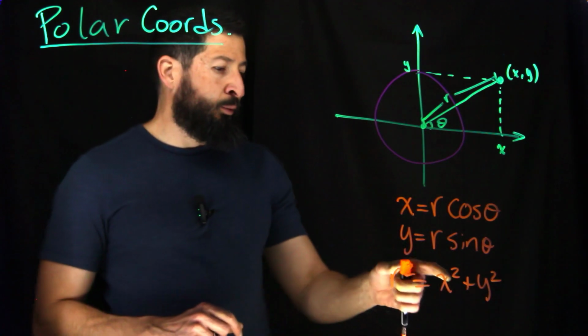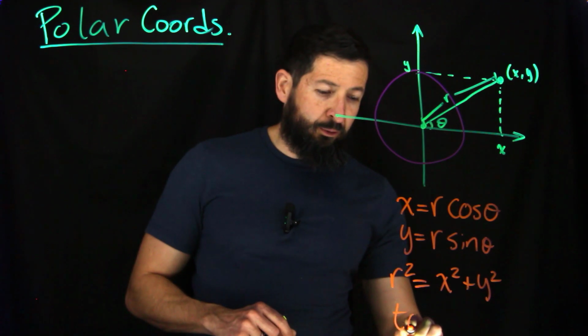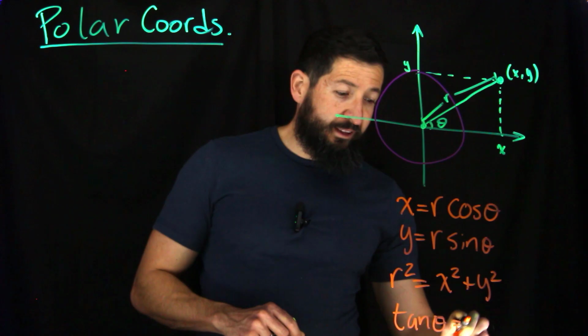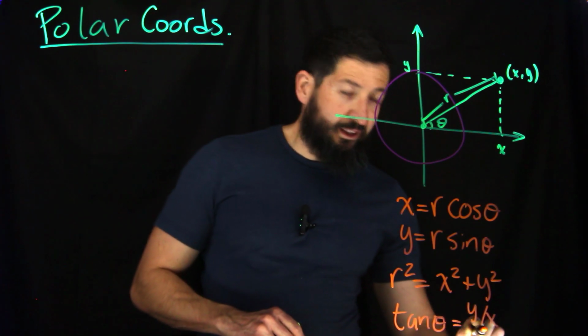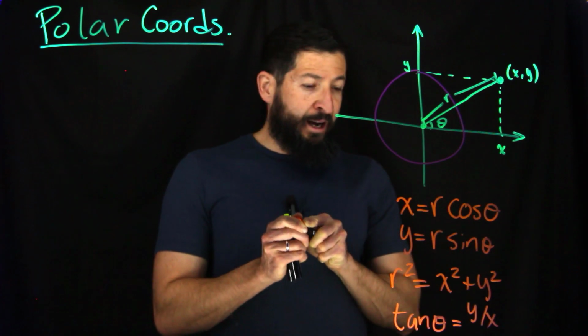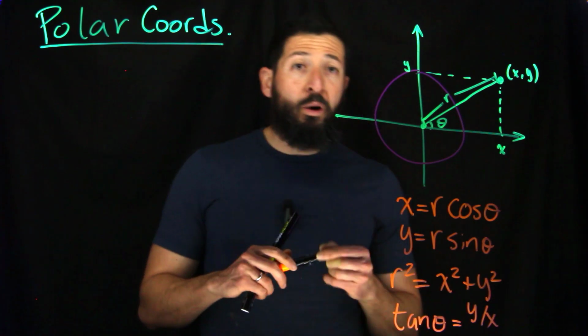And that will give you a way to find the radius. Now, the tangent of the angle also satisfies y over x. I don't know if that got cut off there. It's a little bit too close to the bottom. But the tangent is going to be y over x.